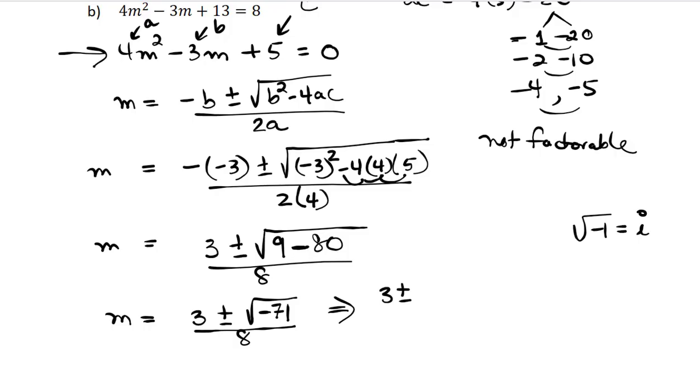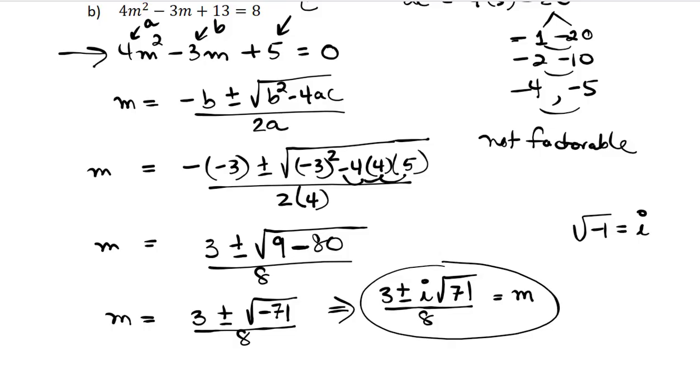So we can view -71 as -1 times 71. Taking the square root of -1 gives us the imaginary unit, and then the square root of 71 stays as is, all over 8. So these are the non-real solutions of the value m.